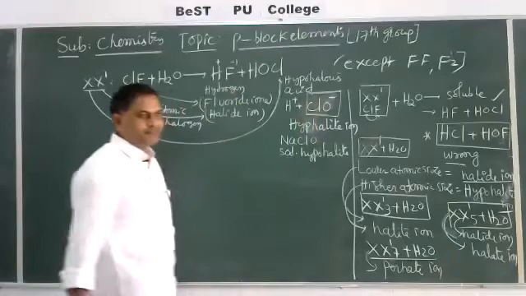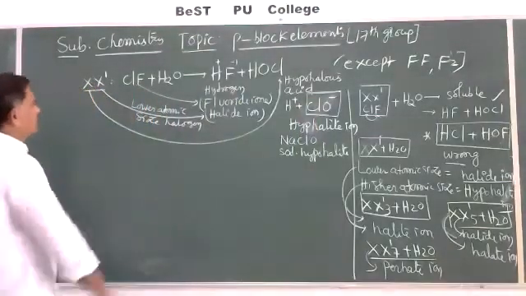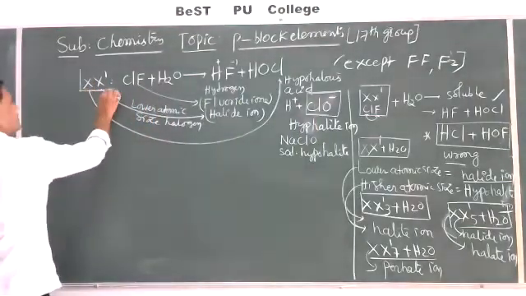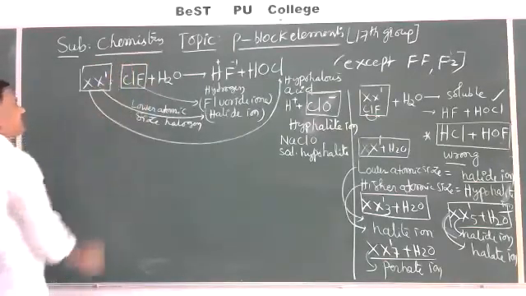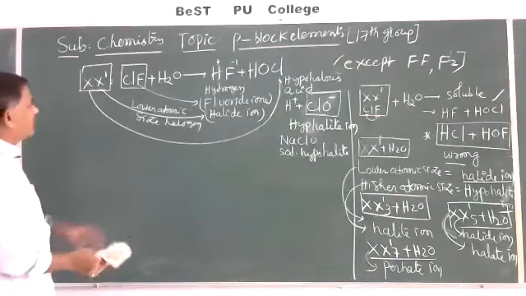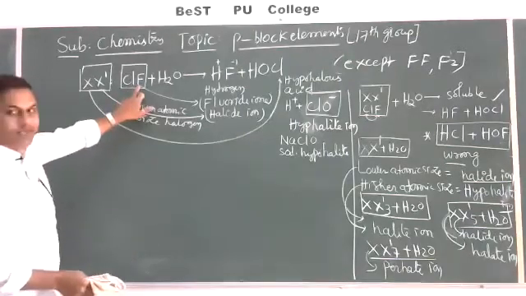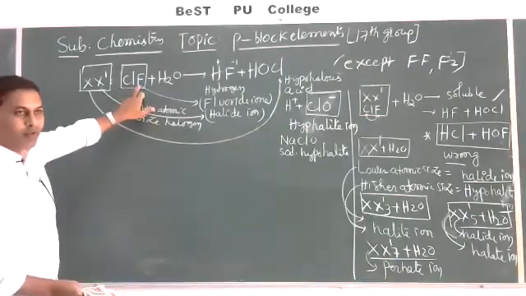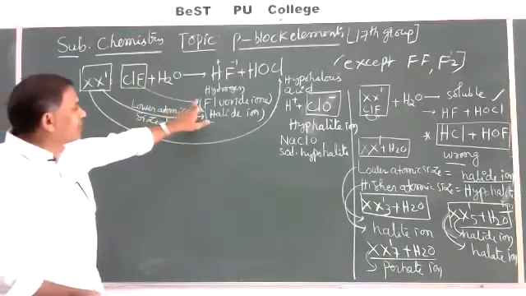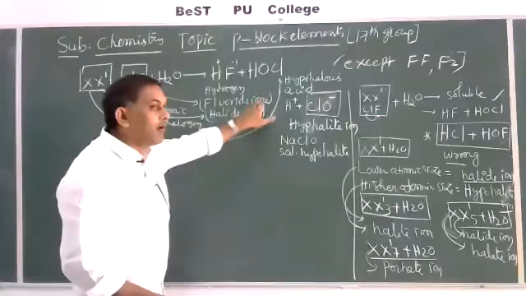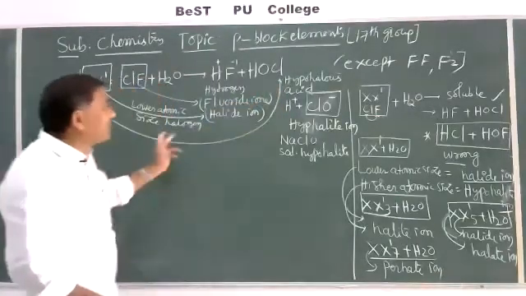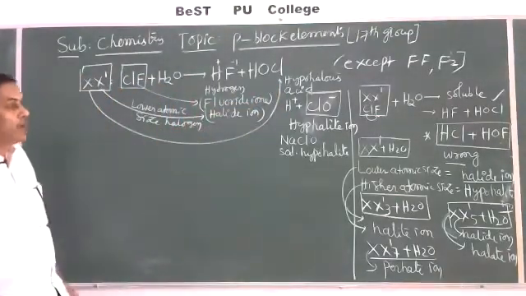Clear first one? So when X dash is reacted with water, in this interhalogen, the lower atomic number element always gives a halide ion, that is a fluoride ion. The higher atomic number one gives the corresponding hypohalite.